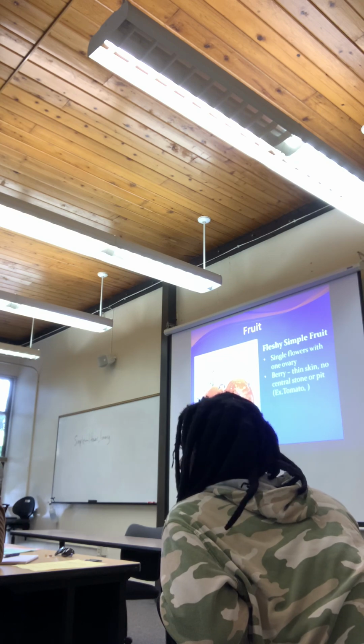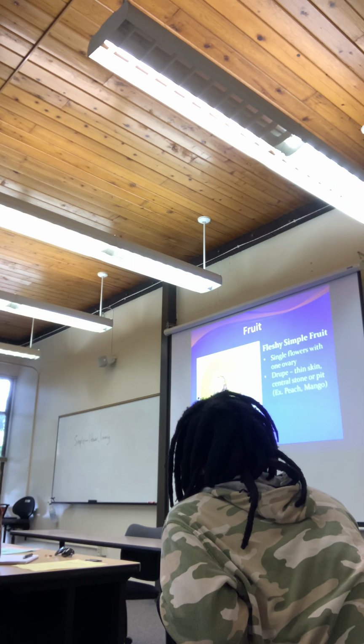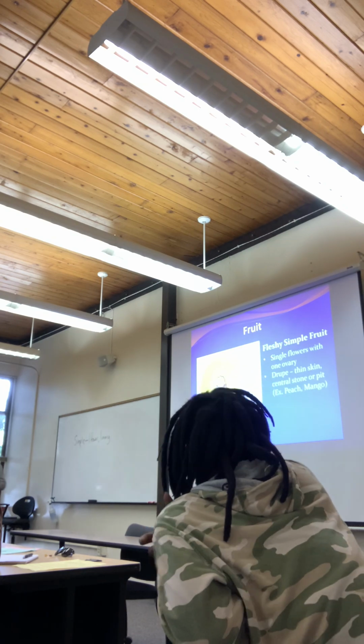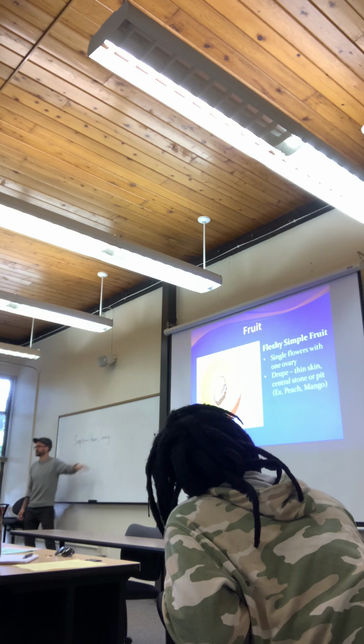Would it be the difference between like drupe or berry? Yes, that would be the main difference: no single pit for the berry, and the drupe does have that single pit. But concentrate on, to Christopher's point, that each ovule becomes a seed, and here that all is happening within a single flower and a single ovary.